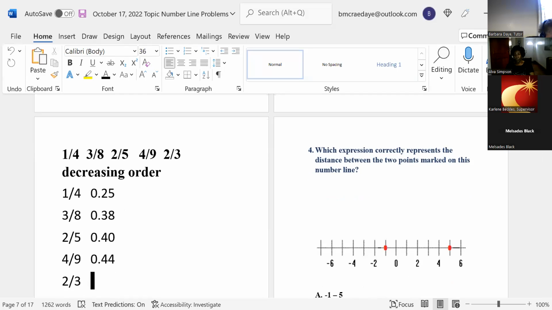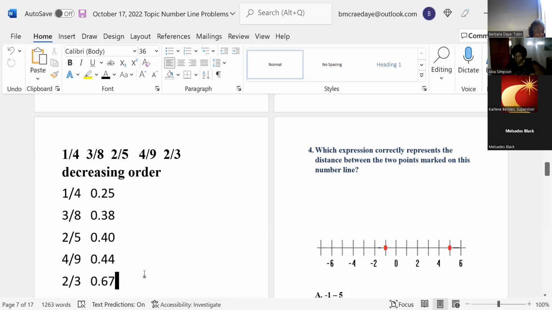Okay, hold on, just a minute. 0.666. Rounding. Remember, I said the hundredths. That means 2 places.